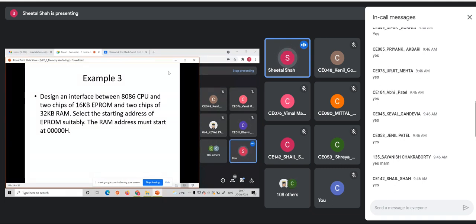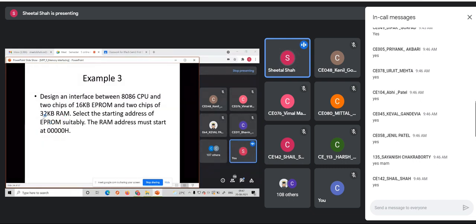Here we are supposed to interface the 8086 CPU with two chips of 16 KB EEPROM. Since there are two chips, we can use one chip as the even bank and one more chip as the odd bank. Two more chips are there of 32 kilobyte RAM.